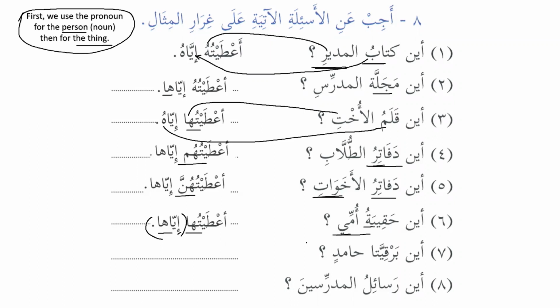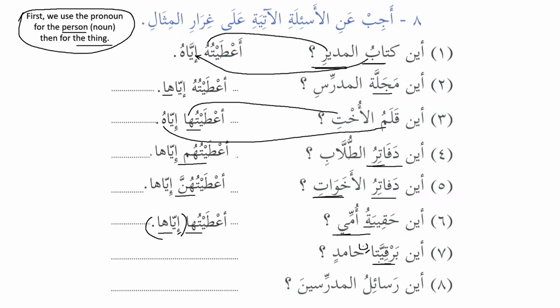Yeah, excellent. أين برقية حامد? Two telegrams of Hamid. What was the original form of برقية? برقيتان. Yes, I mean this construction. We have been discussing it in almost every lesson for a long time now.